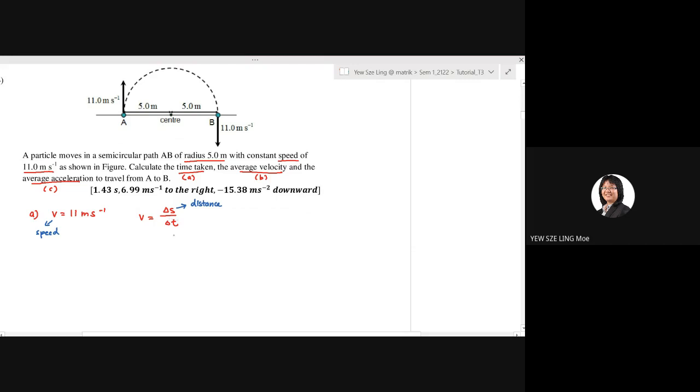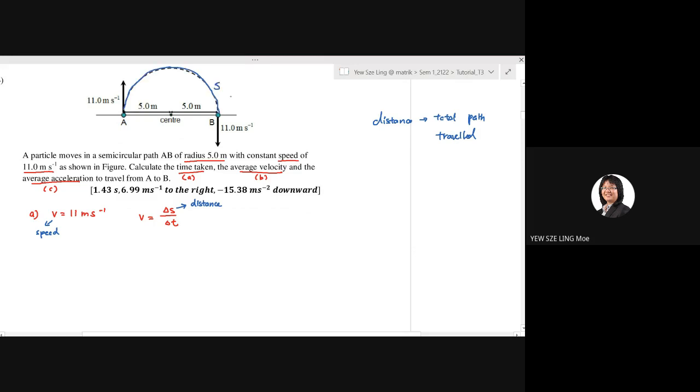Because distance is the total path traveled. So you want to calculate the path traveled by this object, which is the arc of the semicircle. So this is our s.